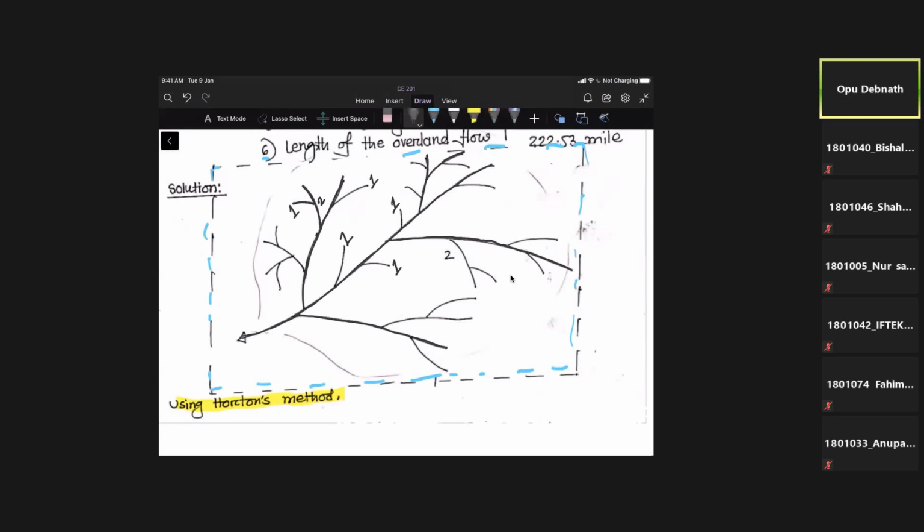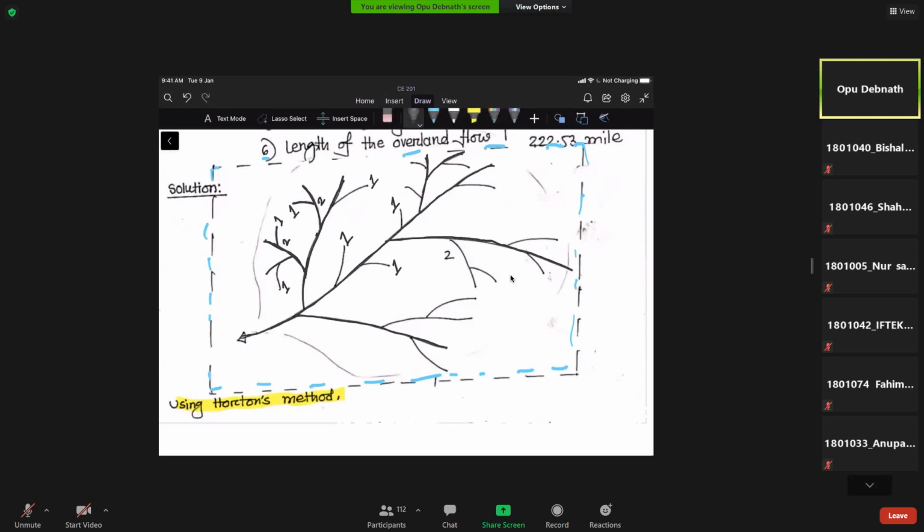Similarly, if you come here at this stage, this is another stream having one branch, that means this end branch is one and this branch will be two. Similarly, at this branch another one is meeting, and we have one tributary, that means this is one and this branch is two.